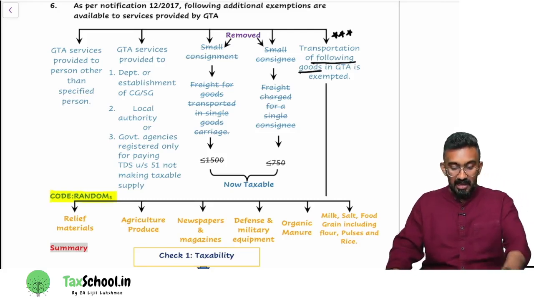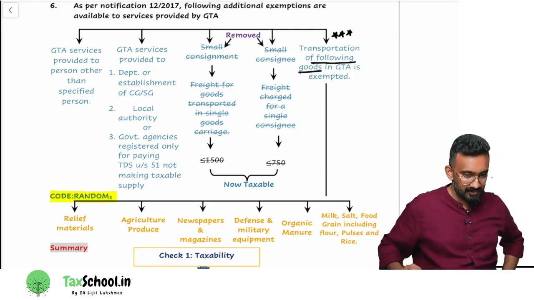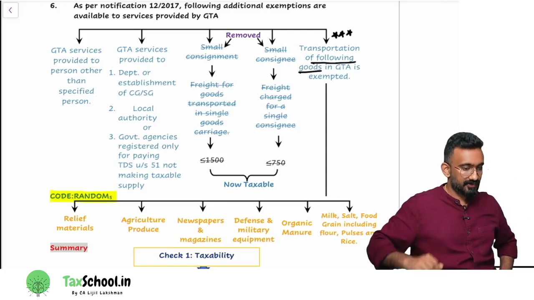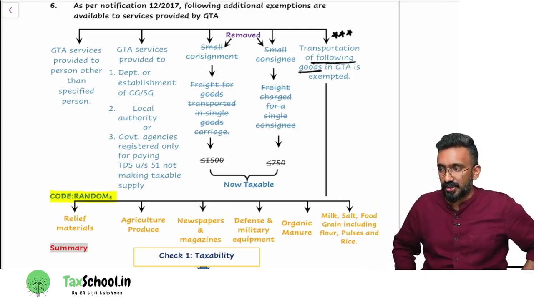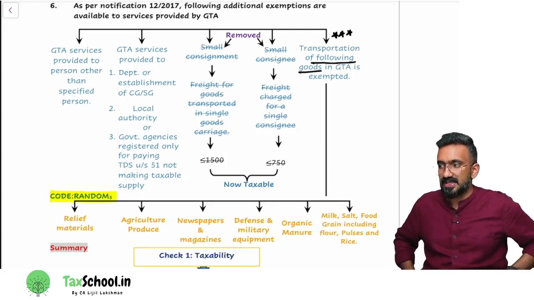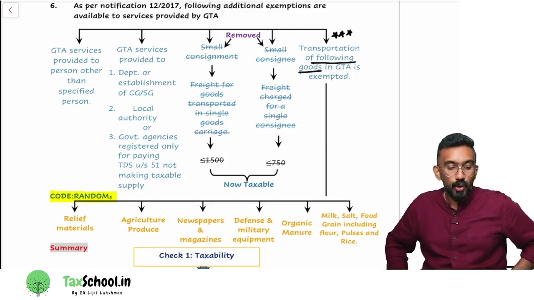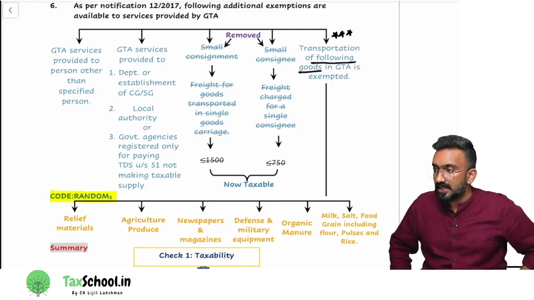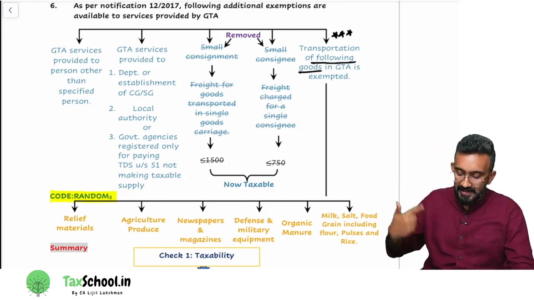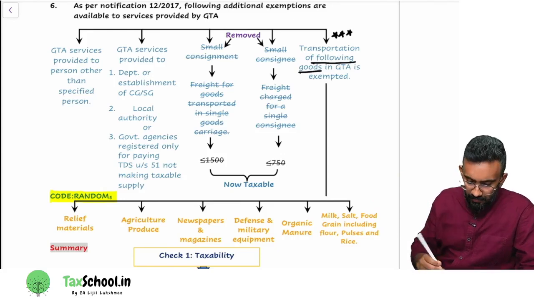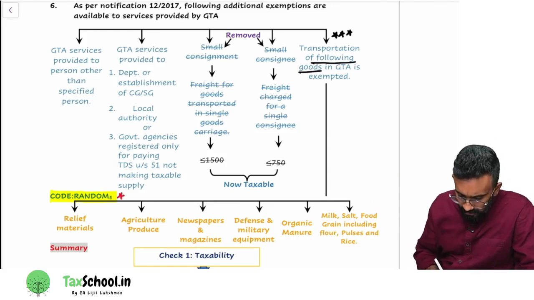I call it RANDOM 5. What is RANDOM 5? Relief material, agriculture produce, newspapers and magazines, defense and military equipments, organic manure, and M5: milk, salt, food grain including flour, pulses and rice. Very important code word.